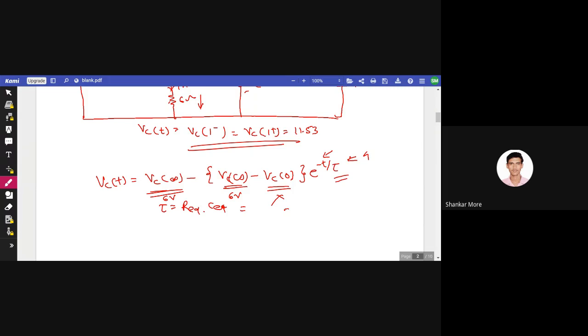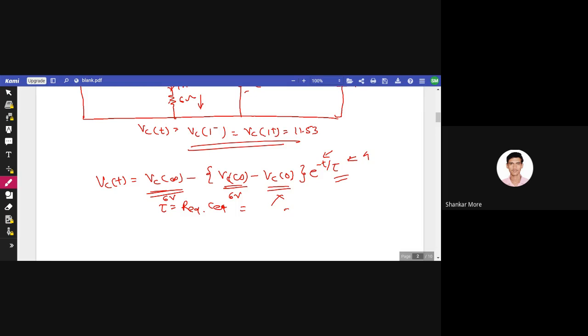See, this VC of 0 is in the formula, but if we go conceptually, then VC of 0 is nothing but the initial voltage. So what is the initial voltage? Here it is the initial voltage after the switch closes. So in place of VC of 0 we have to write VC of 1, because that's the initial voltage.